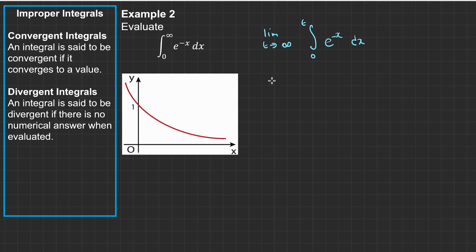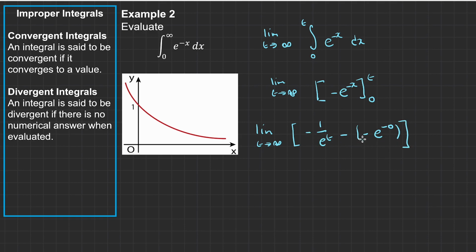We'll have the limit as t tends to infinity, and then the integral becomes -e to the negative x between 0 to t. And we can substitute in our limits, and this becomes -1 over e to the t minus the -e to the negative 0.